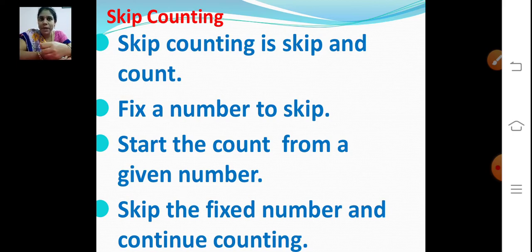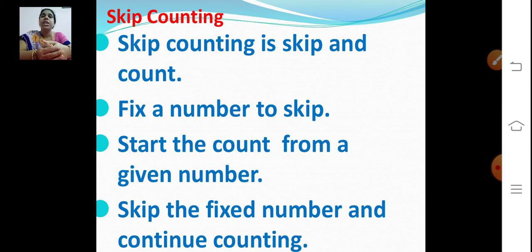So, what do you mean by skip counting? Skip counting is skip and count. You're going to skip 2 numbers and count. Fix a number to skip. We'll see some examples now. Start the count from a given number. Which number do we start from?